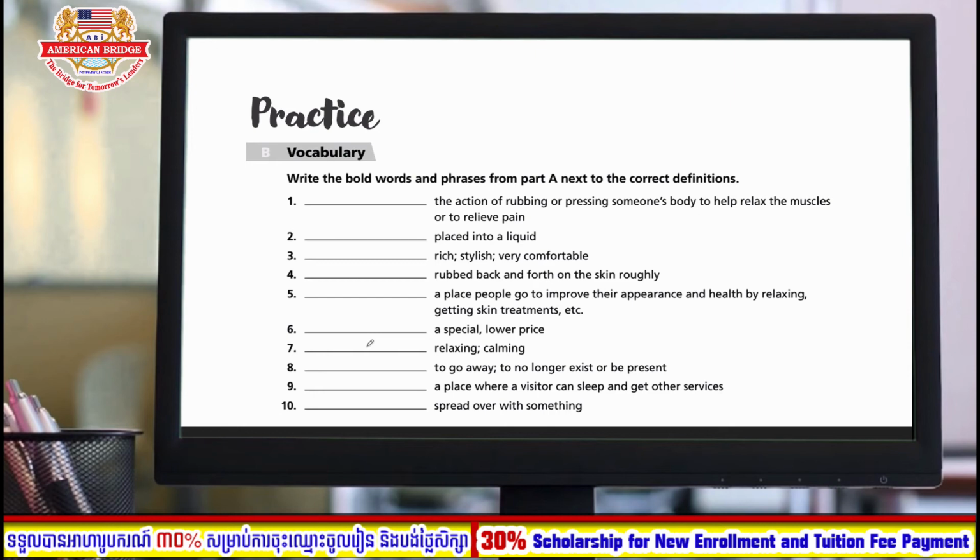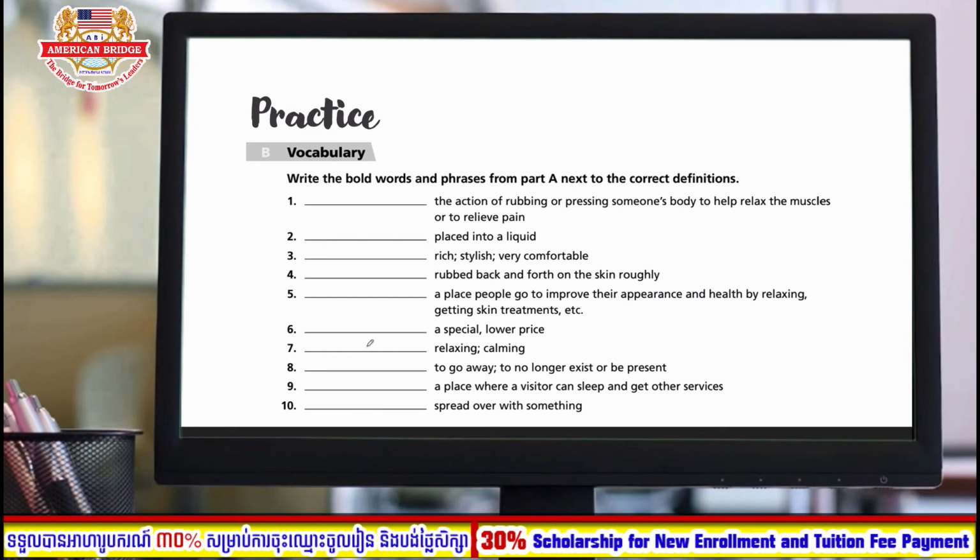First of all, read the definition carefully and figure out its meaning. If you cannot, try to make a smart guess. Think of the part of speech of the definition.